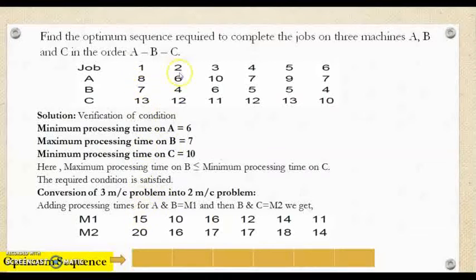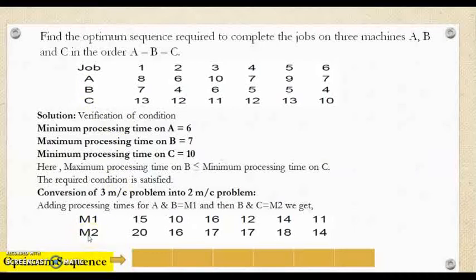Similarly for the second job, 6 plus 4, 10. Similarly, processing times on machine M1 for all the jobs are calculated by adding the processing times of machines A and B.